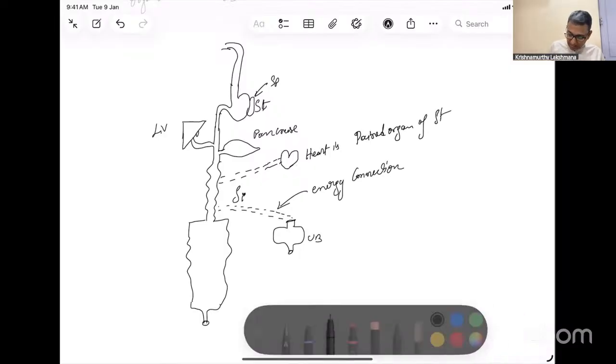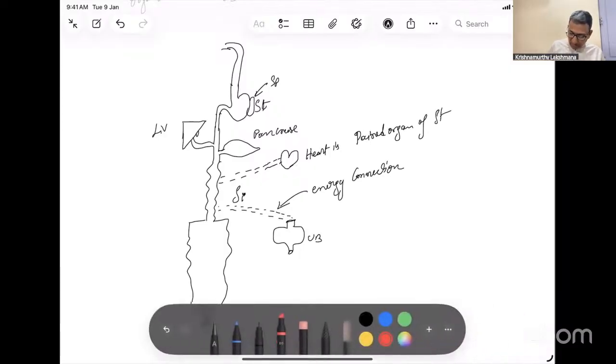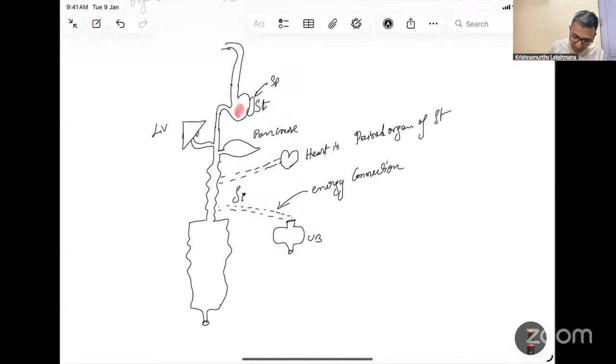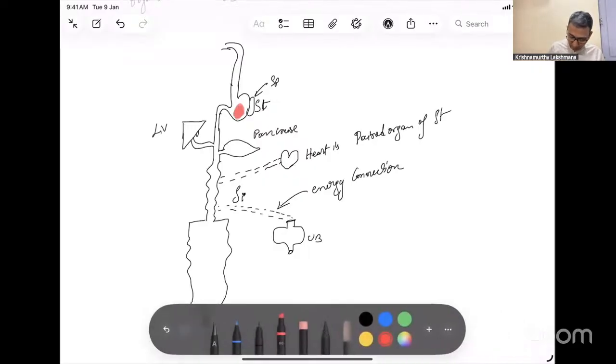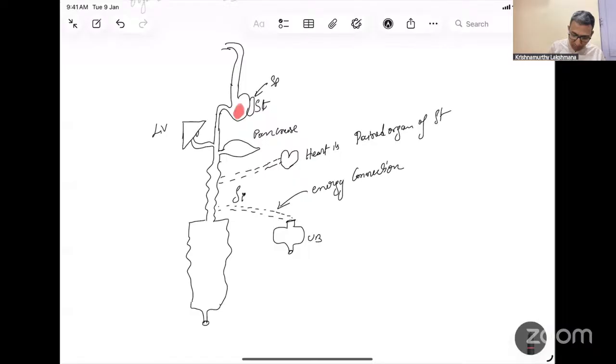Now, if there is heat in stomach, can that heat flow and get into UB? Food, because food is coming. If there is heat in stomach, can the heat pass on to UB?